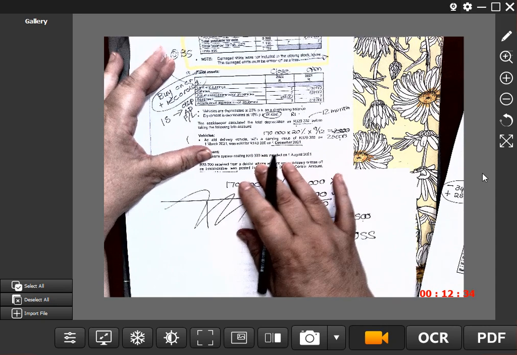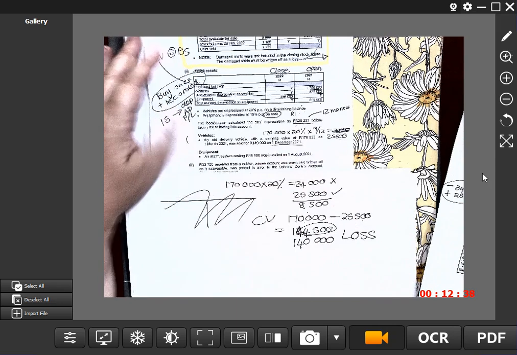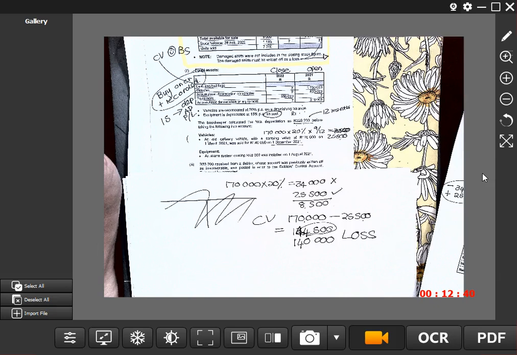So what they are actually saying is, you see, for me, if they say the bookkeeper calculated the total depreciation before taking the following into account, it means he took the final figures, he calculated it as if he had everything for a year. So I have a problem with this memo, okay? But I can't do anything about it.